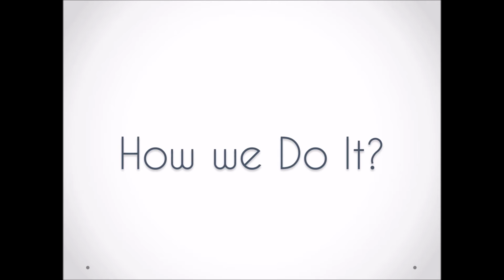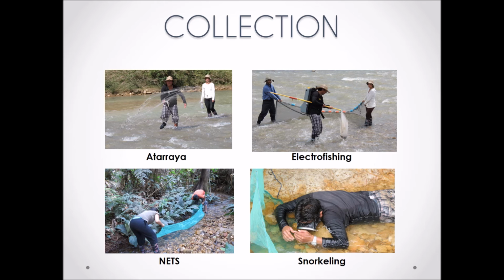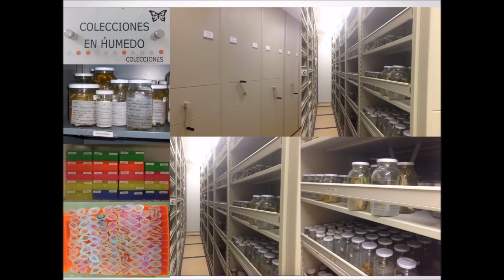So, how do we do it? First, we go to the field and collect the individuals. We follow different collection methodologies like atarraya, electrofishing, different types of nets, and snorkeling. After we have collected the specimens and samples, we take them to our laboratory and to our collection in the museum.